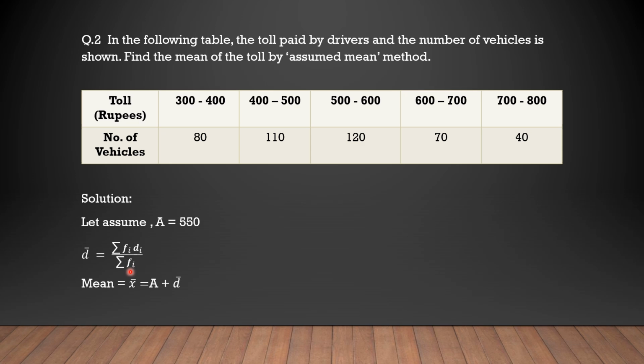So first we find how to calculate A. A is the value which we assume. So first we find the value of A, and then we find d bar, and then we find the mean.